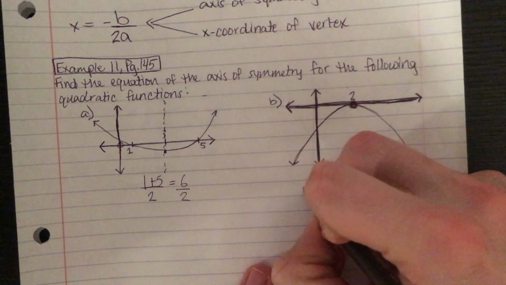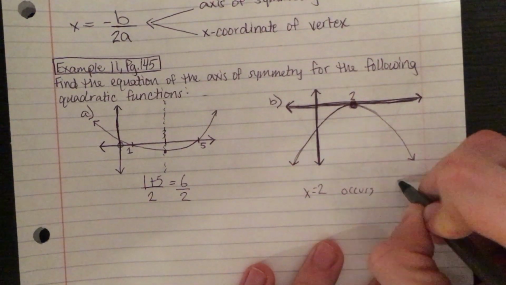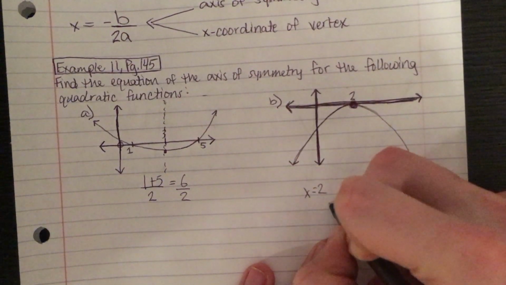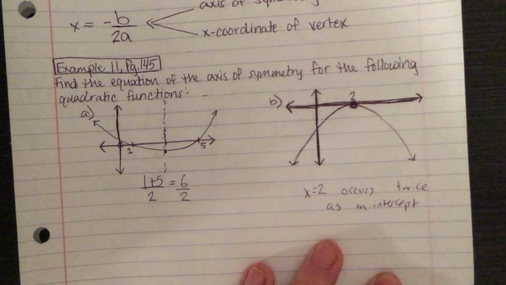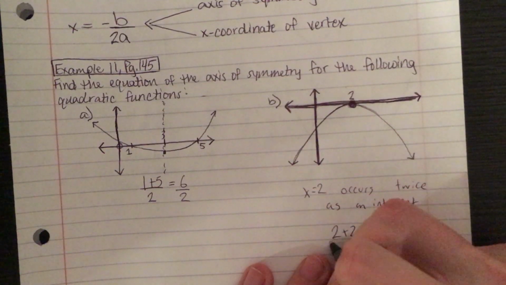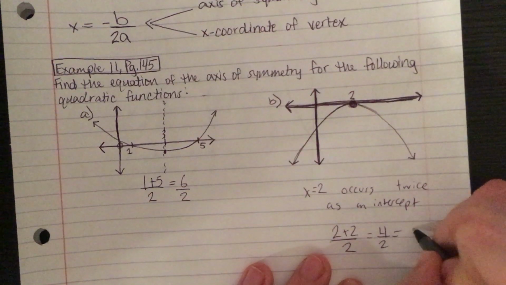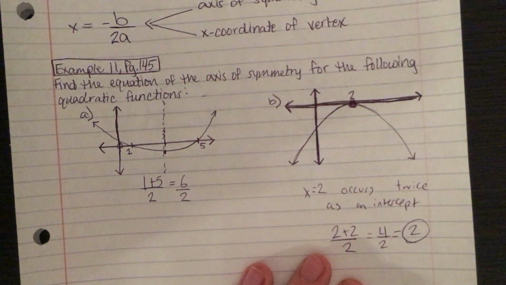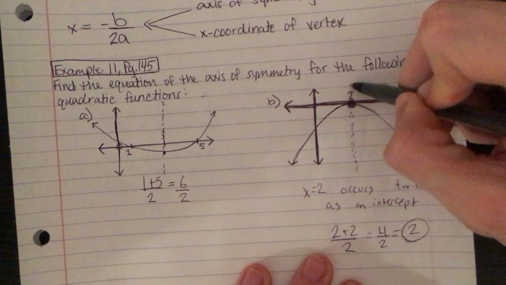This means that x equals 2 occurs twice as an intercept. And again, if you use this methodology and say 2 plus 2 divided by 2, well, that's 4 divided by 2, which is just 2. It still works even if there's a repeated root.